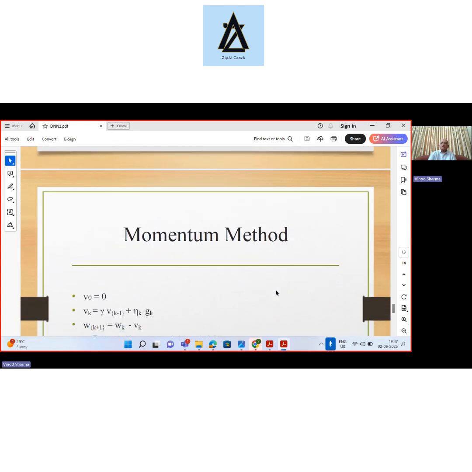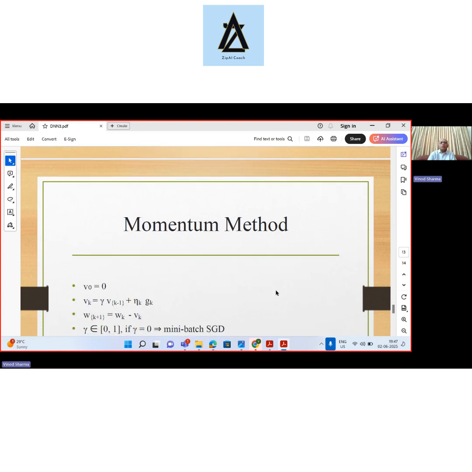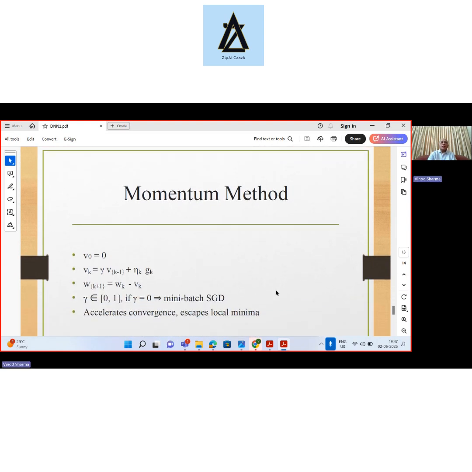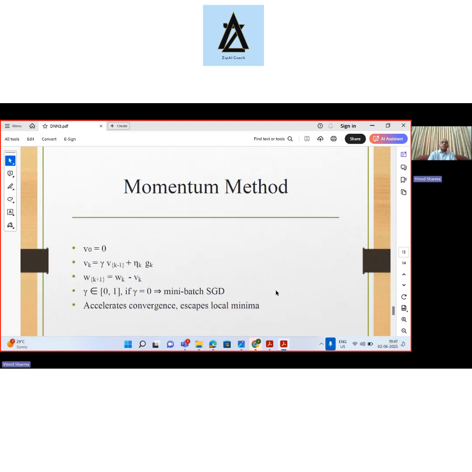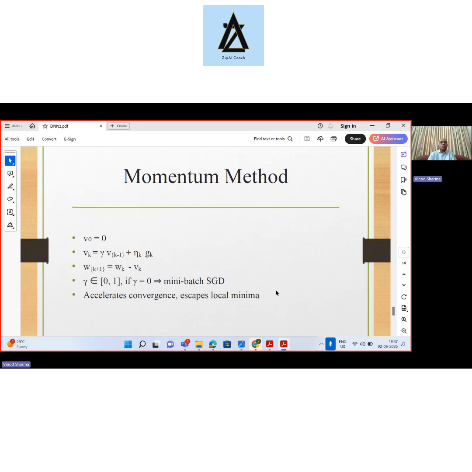So as I said, mini batch is the first step in that direction. Another improvement over this is what is called the momentum method. Remember, V_k is what we are going to use. W_{k+1} is going to be equal to W_k minus V_k. Here, V_k is going to be changed compared to the mini batch.